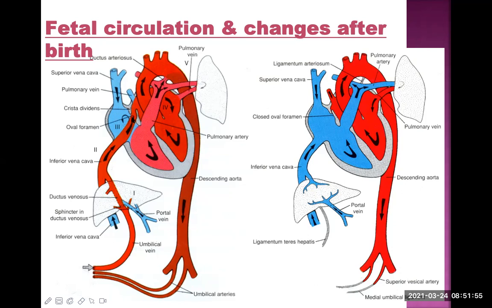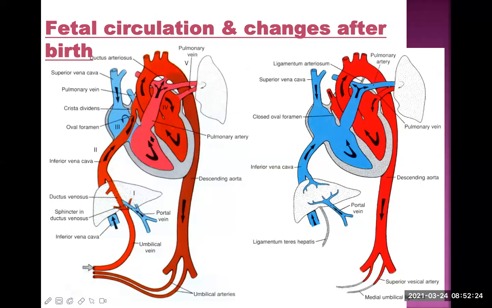So that oxygenated blood is directed towards the left atrium through the foramen ovale. And from there it will come to the left ventricle through the mitral valve. The left ventricle will lead to the ascending aorta, arch of the aorta, and descending aorta, and again the same circulation follows. This one.